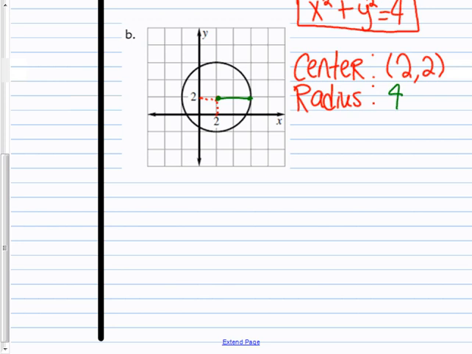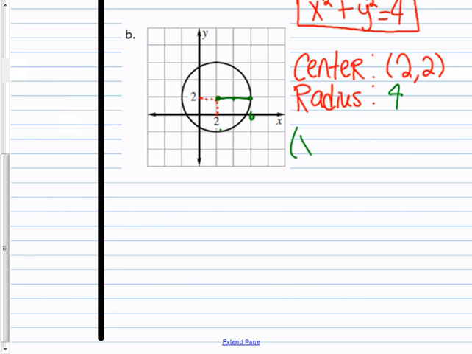This point is (2, 6), and 6 minus 2 is 4. So the radius is 4. Now we have the center and we have the radius, so we can plug it in.